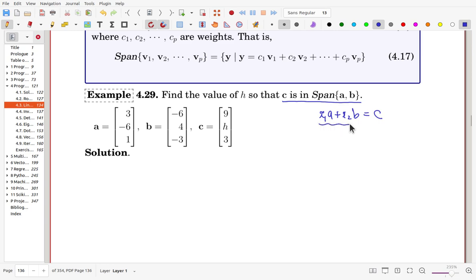So this is vectorization, and so if it has a solution, then c must be in the span, right?